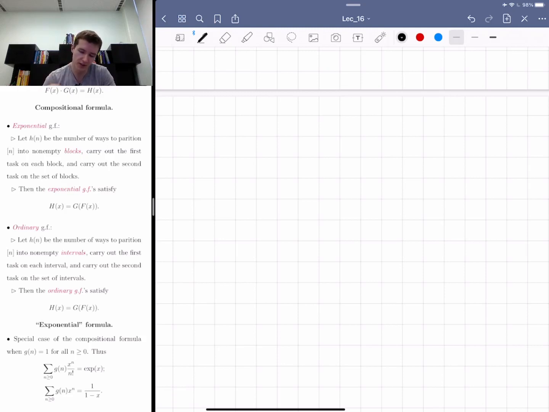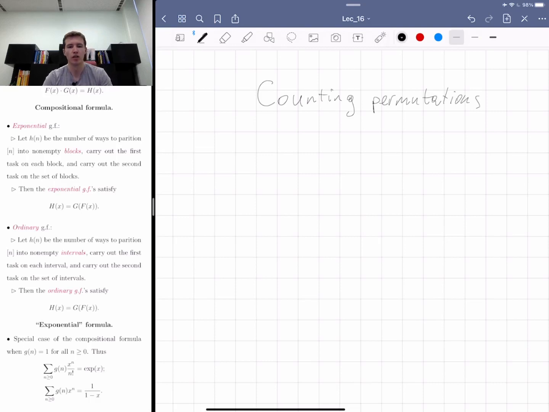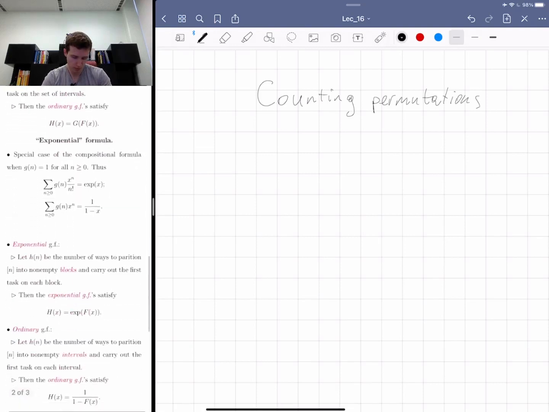It's just a curious fact, which I wanted to mention since we're talking about generating functions. So the new subject is counting permutations.